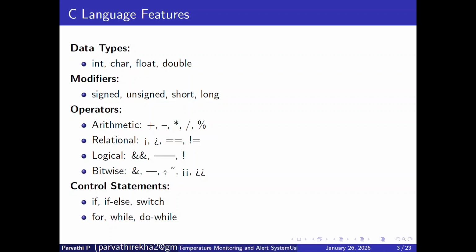Arrays are collections of the same type of elements in continuous memory. In temperature monitoring, an array can store the last readings to calculate a smooth average.